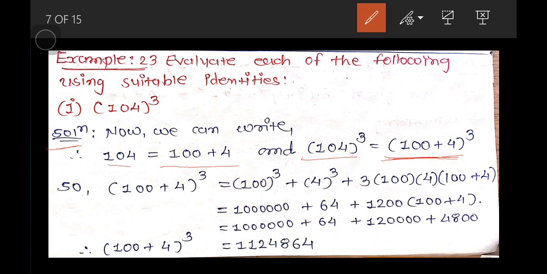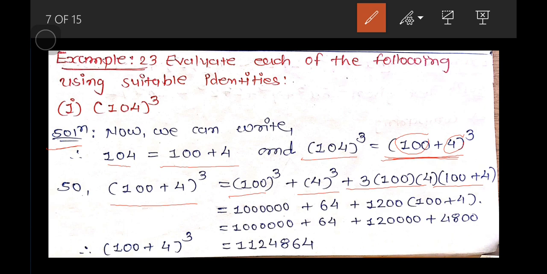So we put x as 100 and y as 4. So we put these values in the identity. So (100 + 4) cube is equal to 100 cube + 4 cube + 3 into 100 into 4 into the bracket (100 + 4).